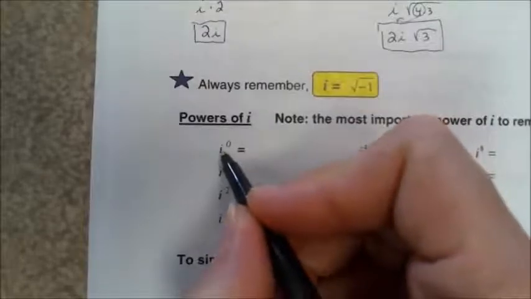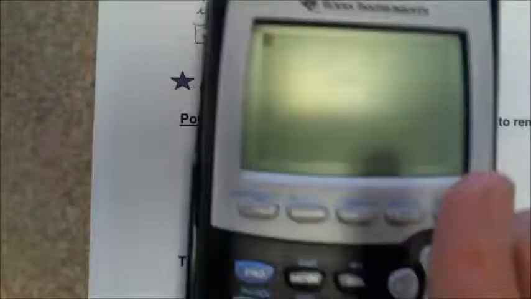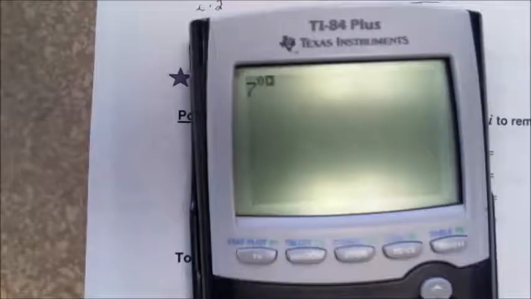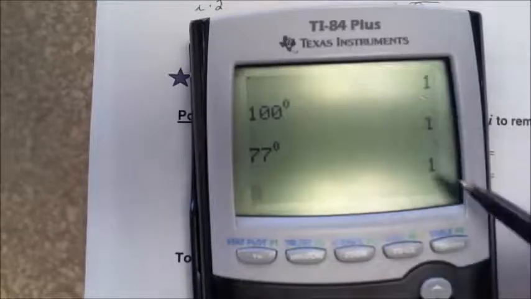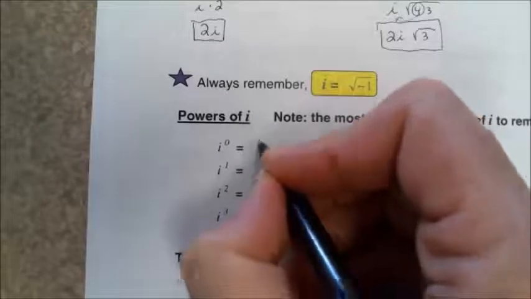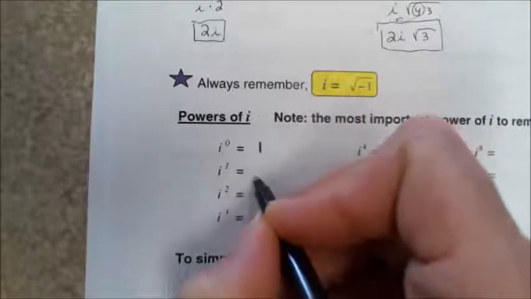So first of all, anything to the 0 power, like 1 to the 0, 7 to the 0, 100 to the 0 power, 77 to the 0 power. No matter what, anything to the 0 power is always equal to 1, and that includes variables. So i to the 0 is equal to 1. Anything to the first power is equal to itself.